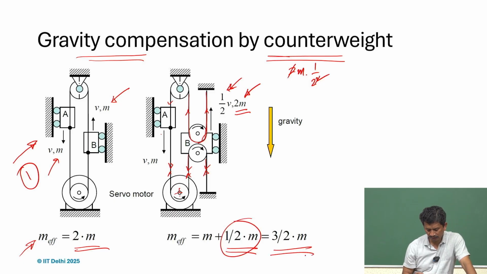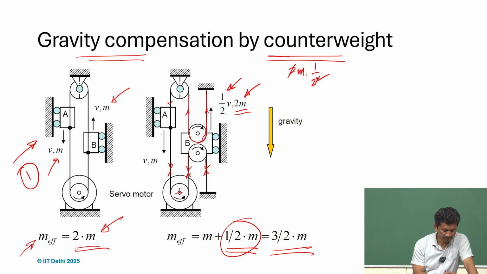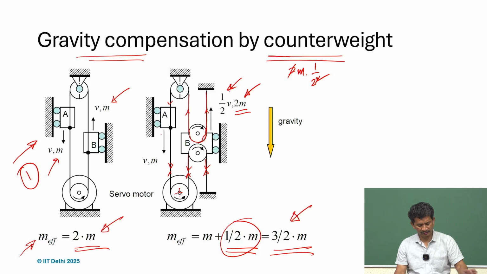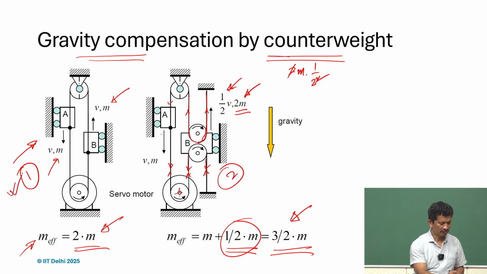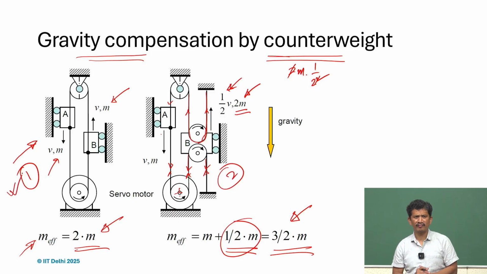So, actually the inertial effect is 3 by 2 m. So, if we compare these two, what we realize is that although we are using a bigger counterweight, the inertia effect is reduced and we are handling only 1.5 m mass, but in the usual case, the effective mass is 2 times m.